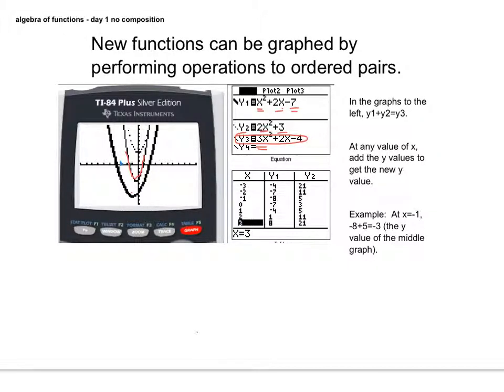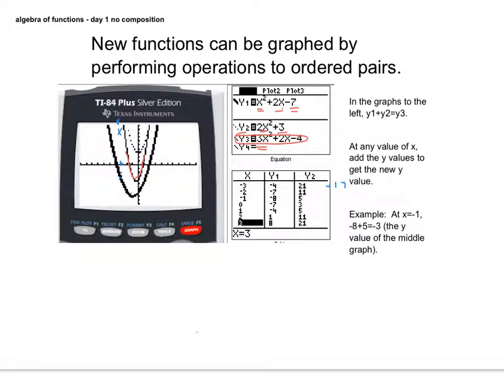If I look at the y's, I have negative 4, and I have way up here 21. If I add negative 4 and 21, I get 17 positive, which is still off the screen. So I end up with a 17 somewhere up off the screen.